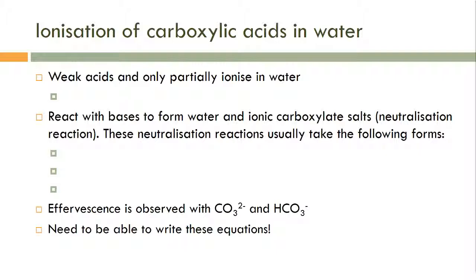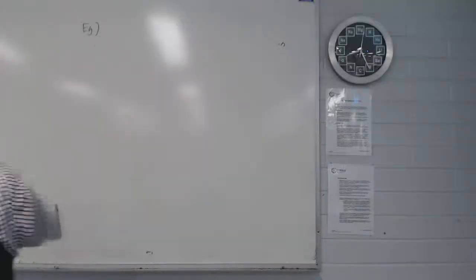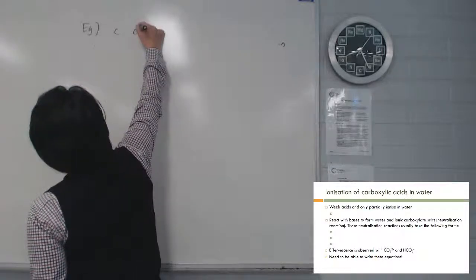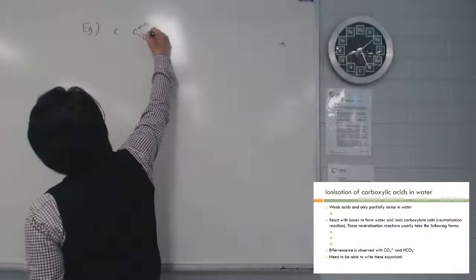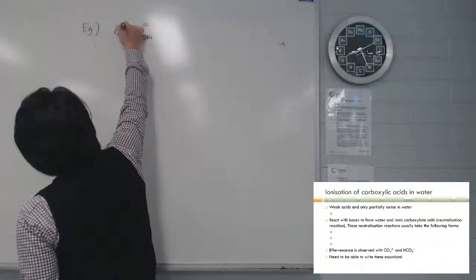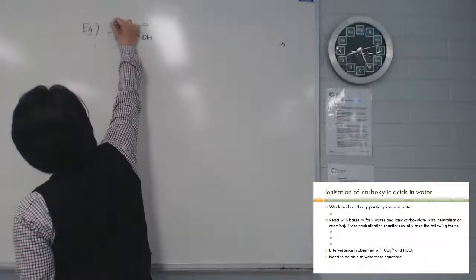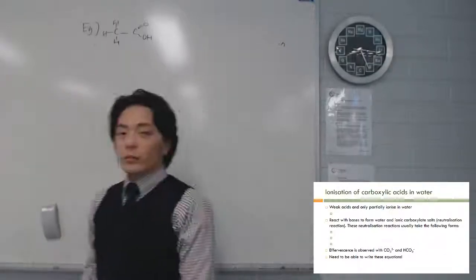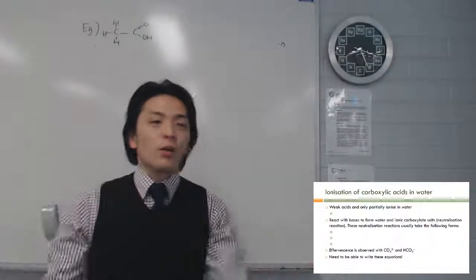So for example, let's use ethanoic acid. So you've got carbon. Let's just draw it out. So 2 carbons, so that's ethanoic acid.